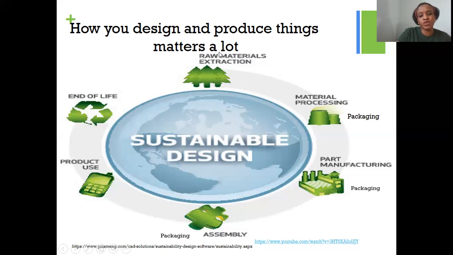So the raw material extraction would be extracting bauxite. And if we consider sustainability in the cradle to grave cycle of this consumer electronic product, your cell phone, we would apply the tripod model on the raw material phase. So we would think about the social equitability of extraction of bauxite.